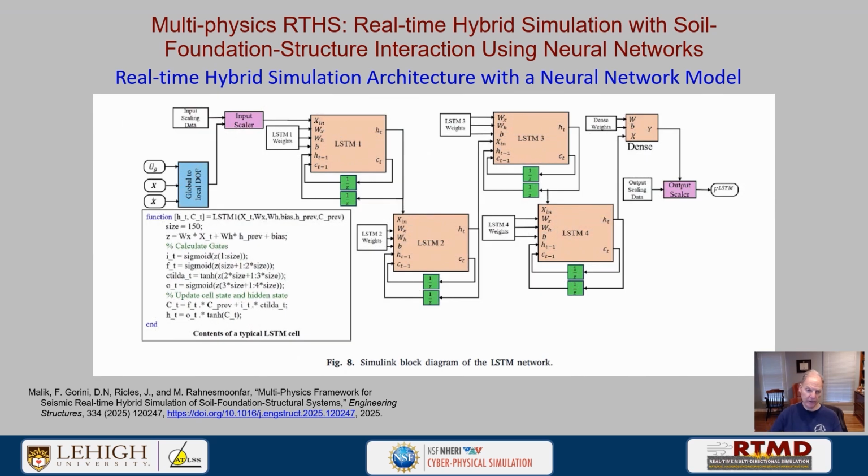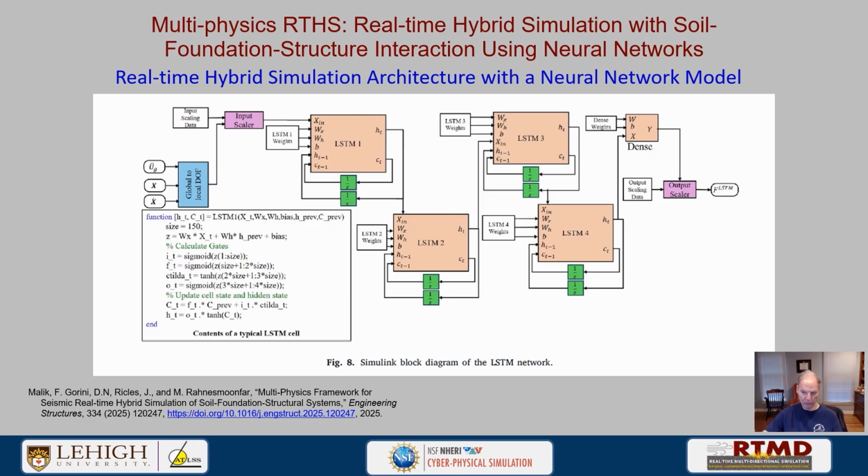And then shown here is the neural network model that's been imported into Simulink. So this has, again, these blocks, and they're connected. We have 4 LSTM blocks. We've got the input and the output of the LSTM model.